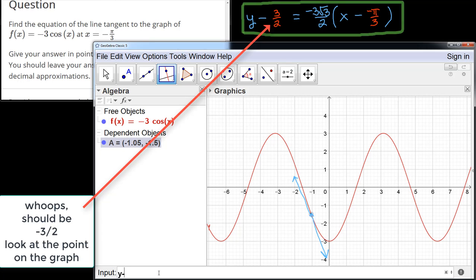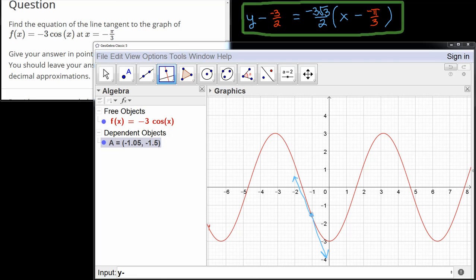So y minus. Oh, wait. I think I made a mistake, right? Because this should be a minus 3 over 2. I hope I didn't make that mistake earlier. But this should be a minus 3 over 2, because that was the y coordinate.